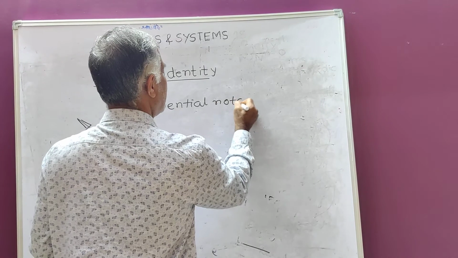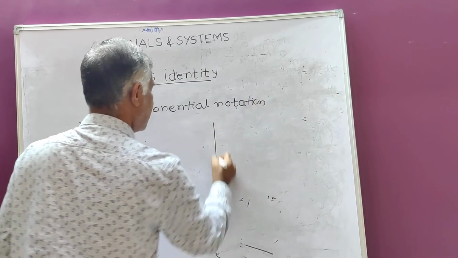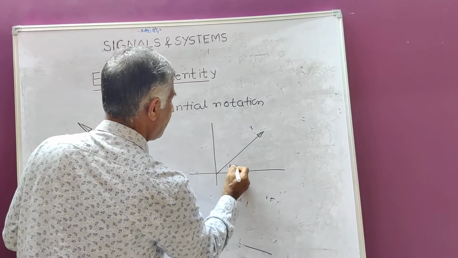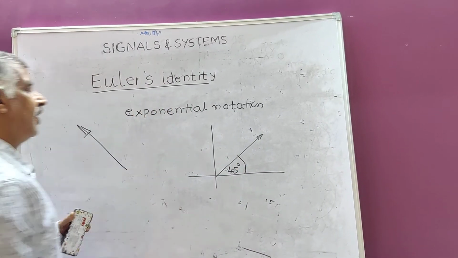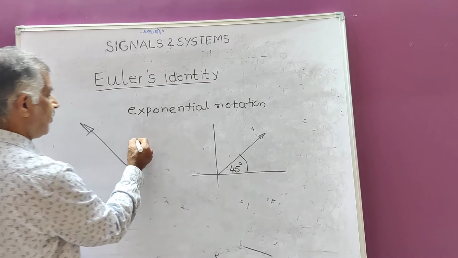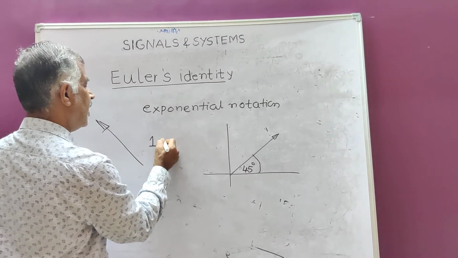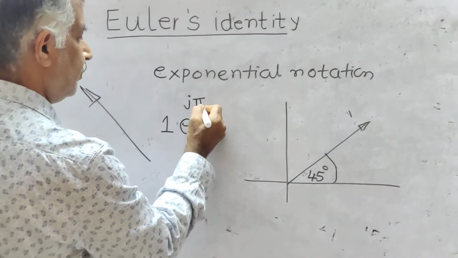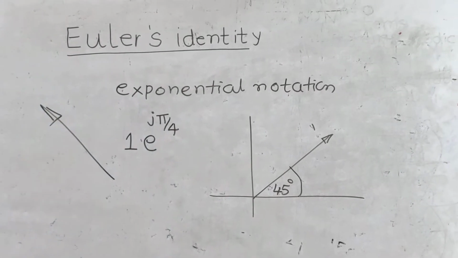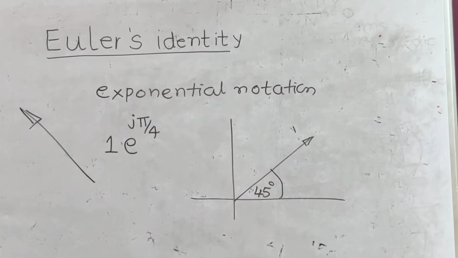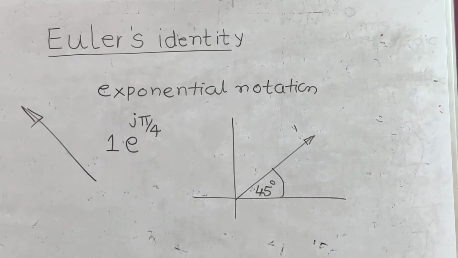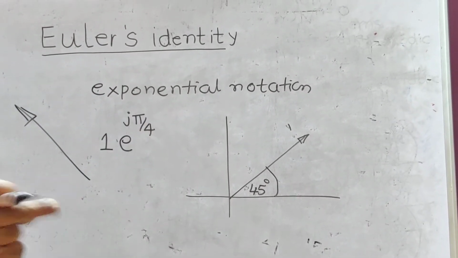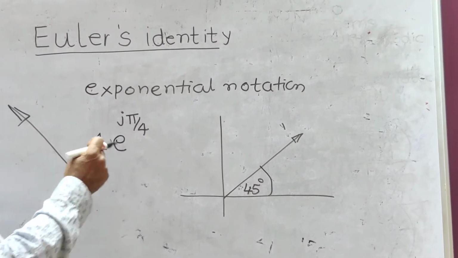In exponential notation, the same phasor which was 1 and was subtending an angle of 45 degrees is represented as 1 e power j pi by 4. This is what is called exponential notation. This is magnitude and this is inclination. So inclination is shown as exponential.